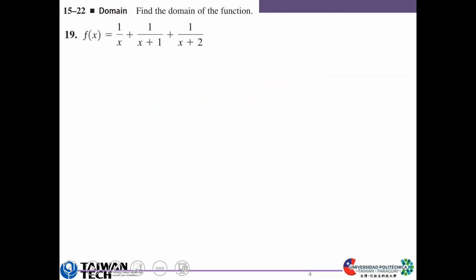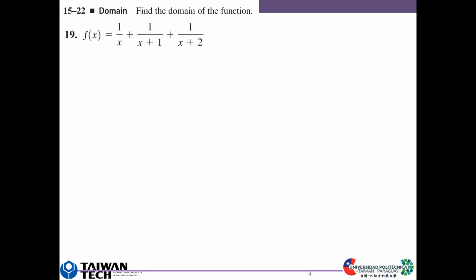The next problem we're looking at is problem 19. f(x) equals three fractions adding together, and you need to find the domain of this function.